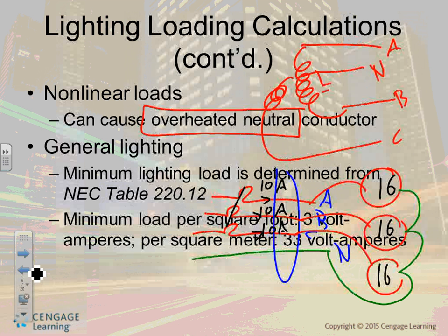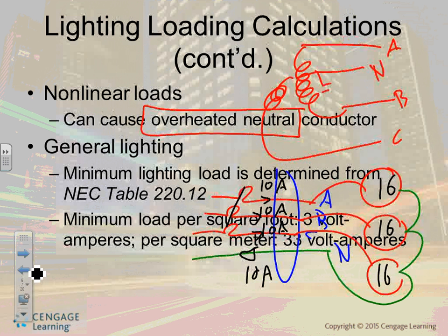Because they're sloppy eaters, the way they digest electricity is like my son when he was a baby, with food in his ears and nose, mouth, everywhere else, instead of just putting the food in his mouth. I call them sloppy eaters. Guess what's going to happen with the neutral here? It will carry 10 amps. Even if they're balanced, they are still balanced, and you still carry 10 amps.